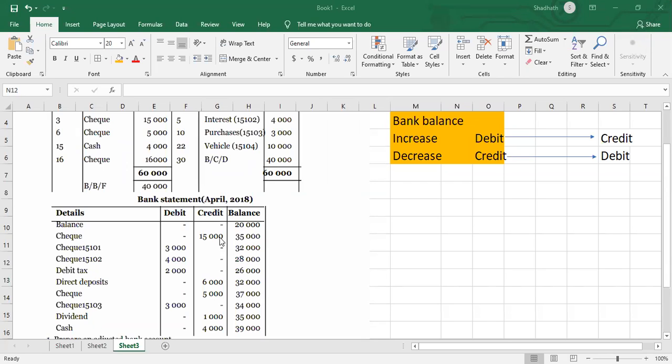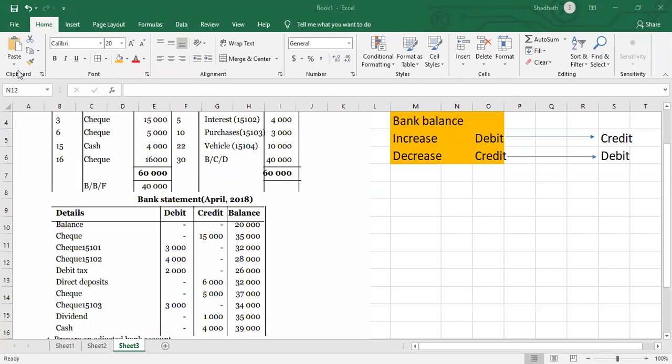You see 20 plus 15, 35. Same way, 26 plus 6, 32. 32 plus 5, 37. A credit entry increases the bank statement balance. Debit entries decrease the bank statement balance. So you have a debit entry 3000, check number 15101. You see the balance 35 becomes 32. You don't need to go deep into this. If you know the basic knowledge, that's enough for us.